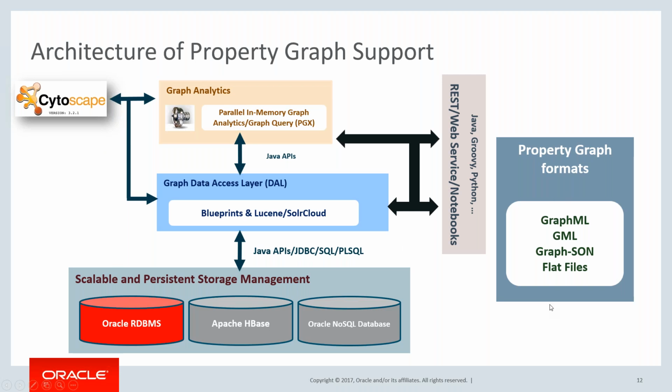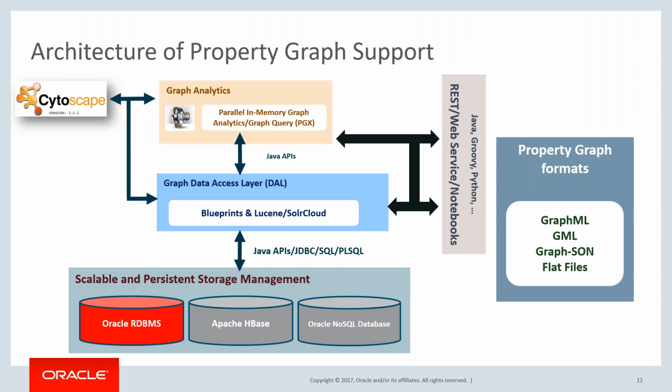From a format perspective, I don't really feel a giant need to dig too deeply into this, but basically all the standard flavors of property graph formats are supported with the Oracle implementation. So there's lots of ways to get the data both in and out of the storage layer if you want to move it, or you're going to be importing it from somewhere else.